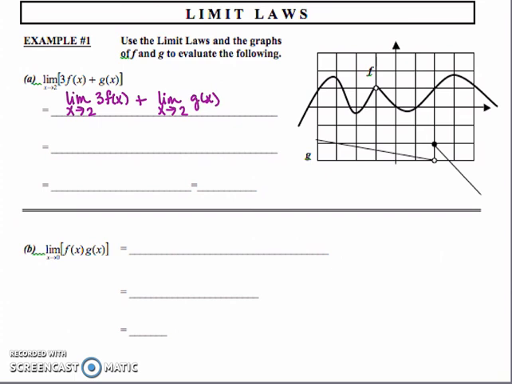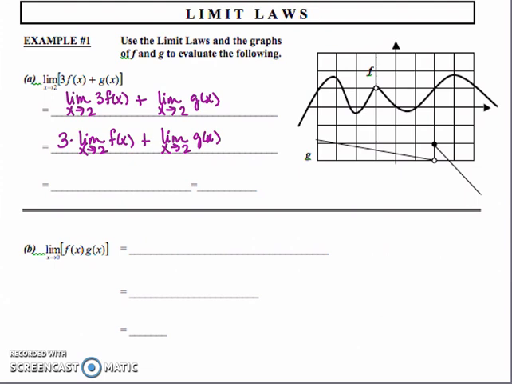And then I can say that the limit of a constant multiple times a function is equal to the constant multiple times the limit of the function, basically just bringing that 3 in front of the limit. So then this is going to be 3 times the limit as x approaches 2 of f of x plus the limit as x approaches 2 of g of x. And now I can use my graph, okay?